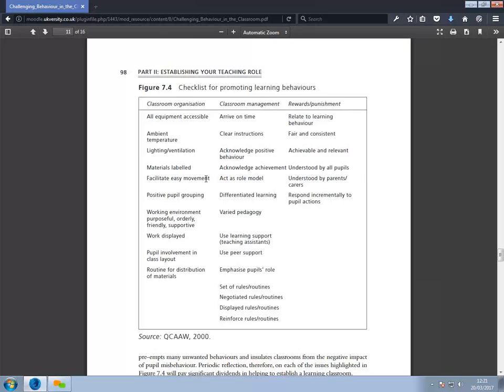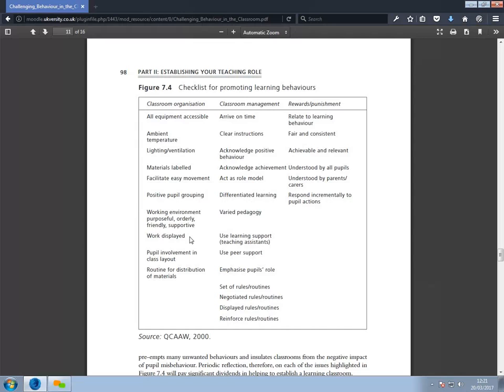You facilitate teaching movement. You act as a role model, and parents or carers fall into this category. The pupil grouping, differentiated learning, respond incrementally to pupil action. Working environment: purposeful, orderly, friendly and supportive, varied teaching or pedagogy.